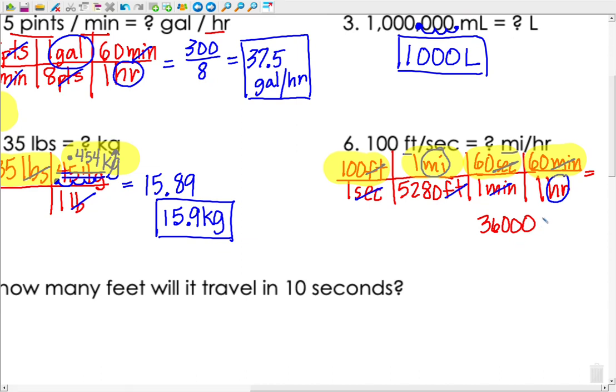I think I'm missing a 0. Yeah, I am. Sorry. And on the bottom, I need to multiply across 1 times 5,280 times 1 times 1. And that's just going to give me 5,280.